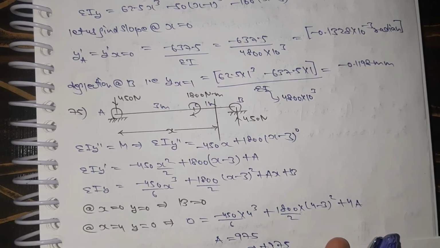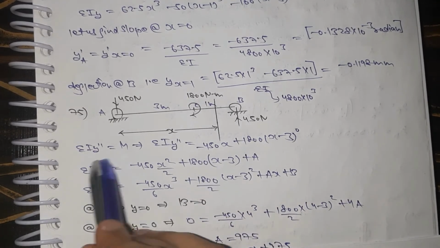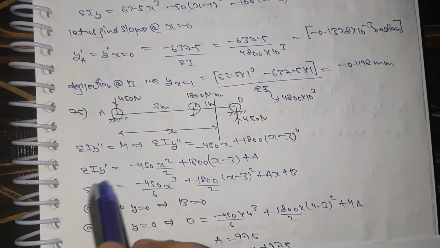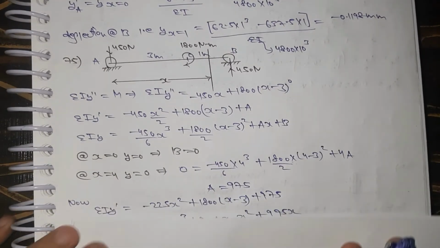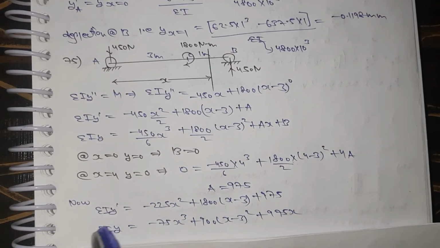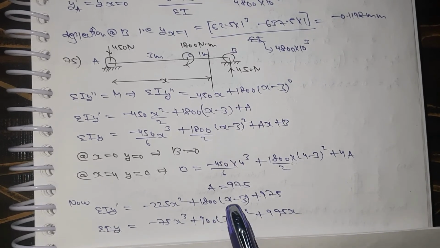Now I'll substitute the values of a and b in these two equations to get the value of deflection and the value of slope. Okay guys, so here they are: EI y dash equals minus 225 x square plus 1800 x minus 3.